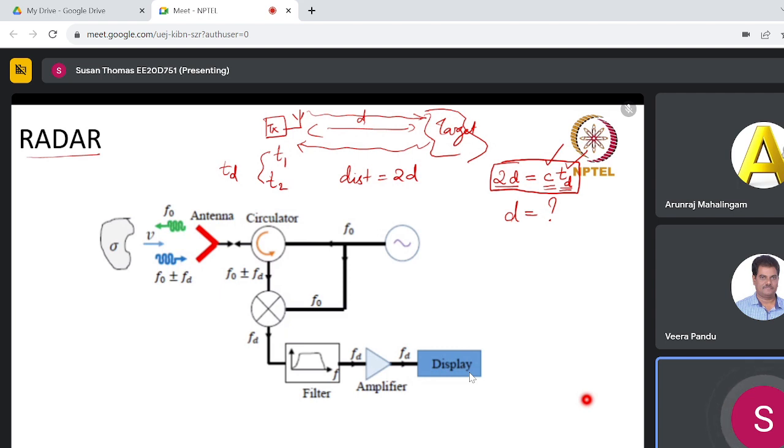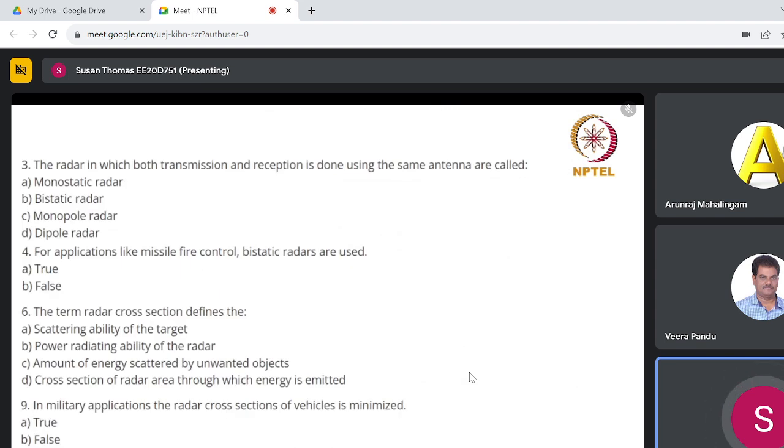Now, let me talk about types of radar. One is a monostatic radar and the other is a bistatic radar. In a monostatic radar, how many antennas do you have? Let me discuss this question so that you can answer it also.